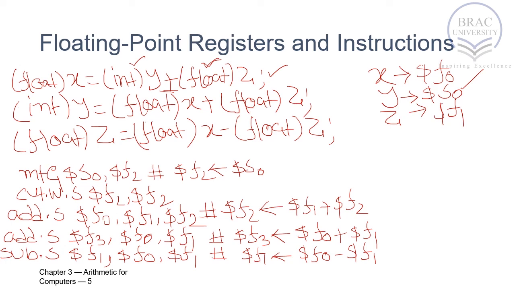And then we need to store this result into register S0, which is inside our register file, which means we need to convert the value that is in register F3 into integer type. So CVT will be converting it back to integer type from float, and we'll have F3 and store the result in F3.